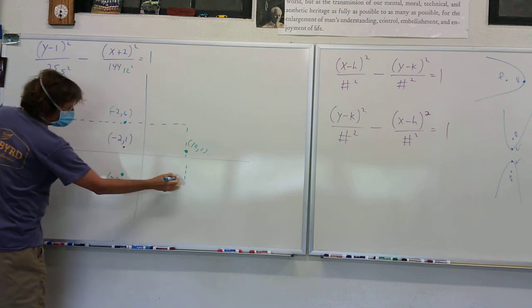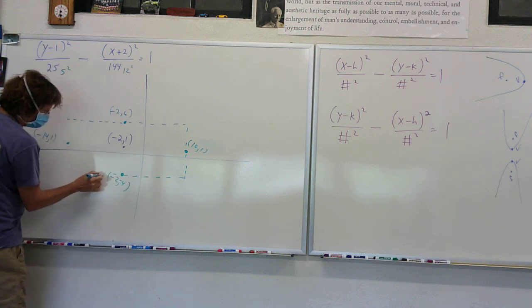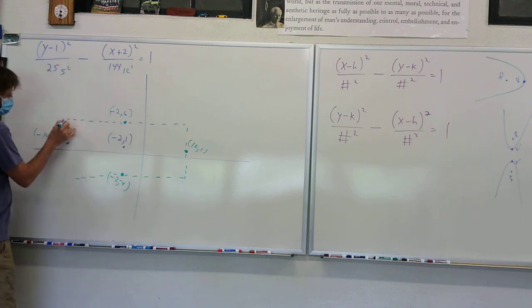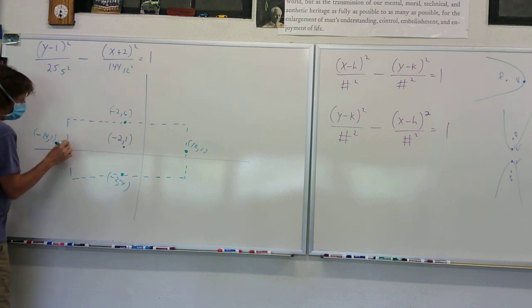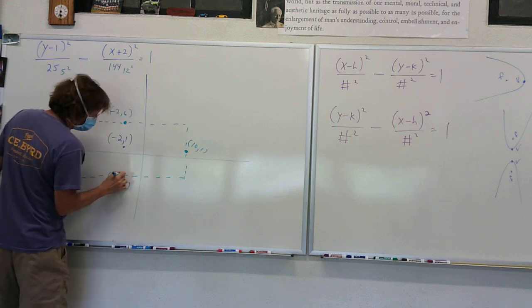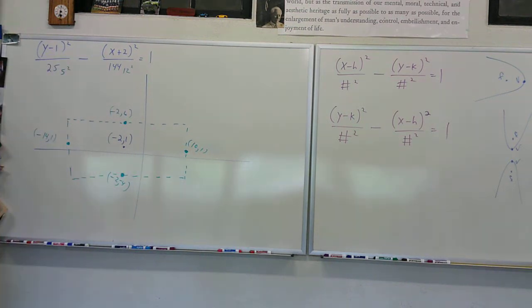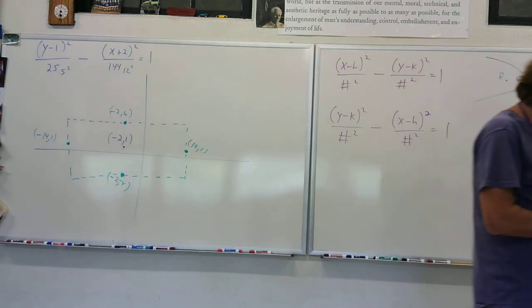And the side for the bottom of the rectangle here goes right through that point. And then over here there's a side that goes right through that point. Those 4 points mark the sides of that rectangle.